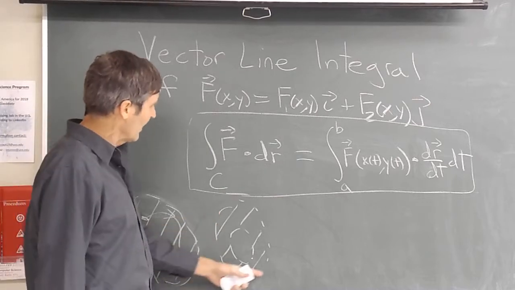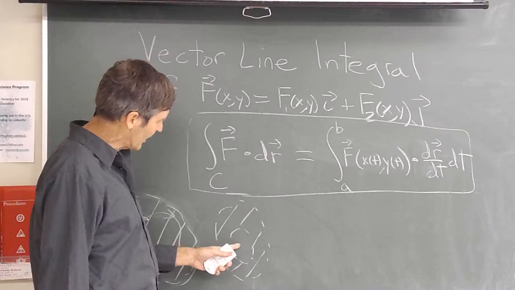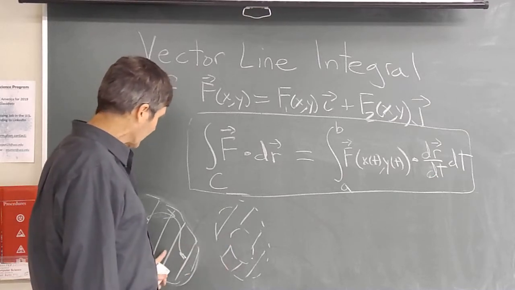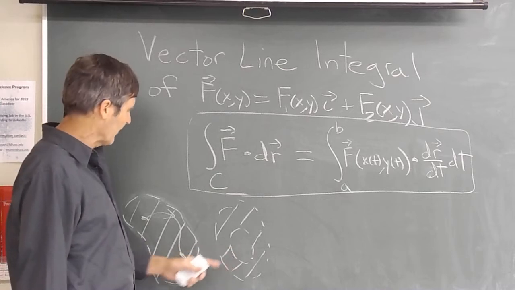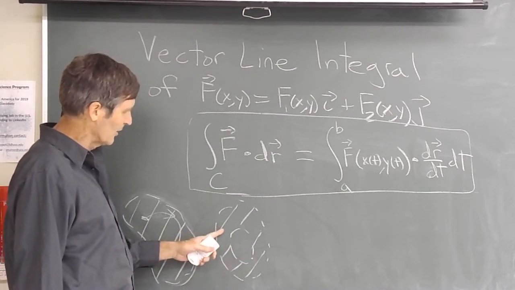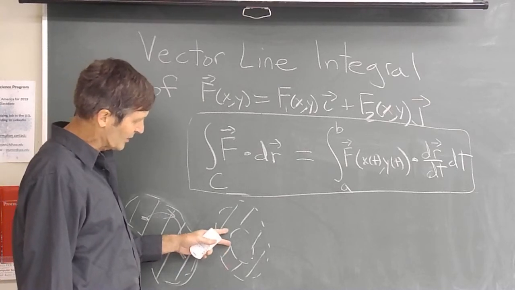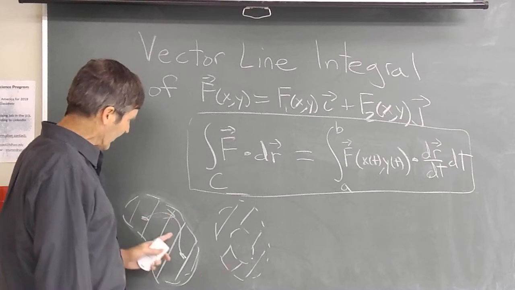Now this is an open connected region also. It doesn't include its boundary, but it has a hole in the middle. So this one is simply connected, this one's not. The official definition is that every loop in here, every path that's a loop, can be drawn continuously to a point. And you can do that here, but here you can't.